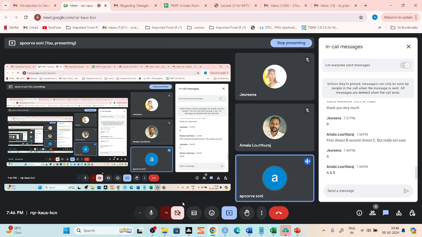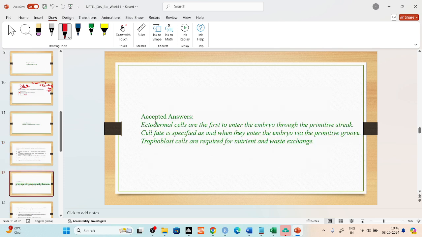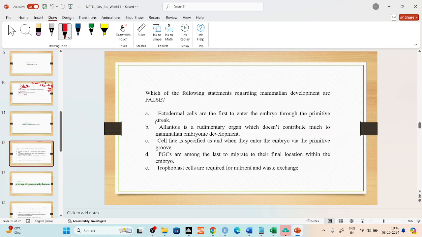Jasrina has answered A and Nabla has answered A and B. So the correct answers are: ectodermal cells are the first to enter the embryo through the primitive streak, then cell fate is specified as and when they enter the embryo via the primitive groove, and trophoblast cells are required for nutrient and waste exchange. These are the false statements. Okay, so you have to mark the false statement, that is important.